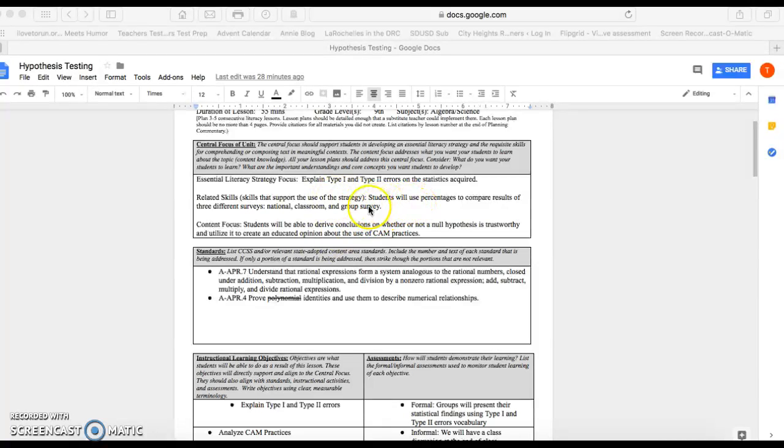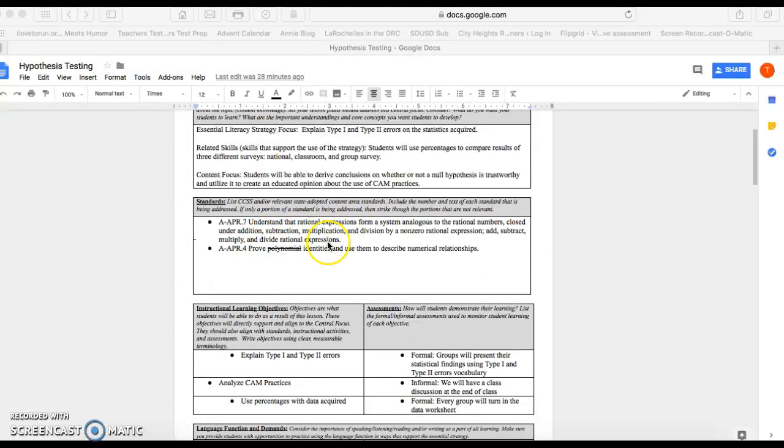Pretty much what the students are doing is analyzing surveys and actual lab work that has been done on the topic in order to make just decisions on their opinions.